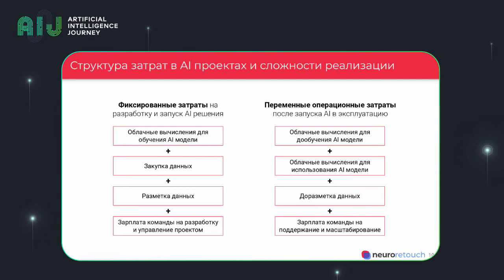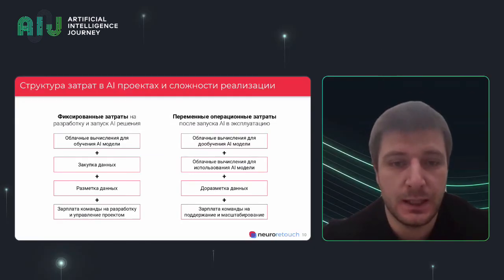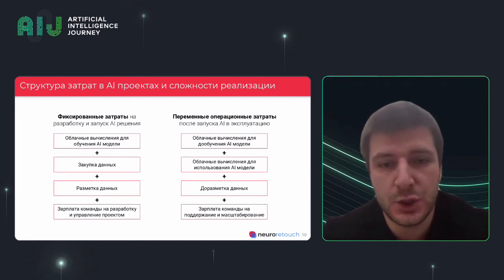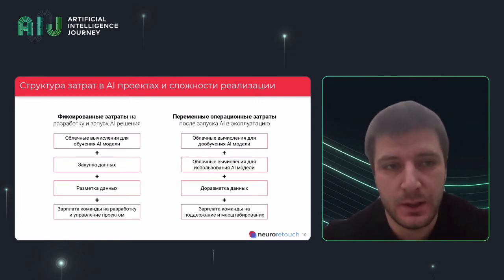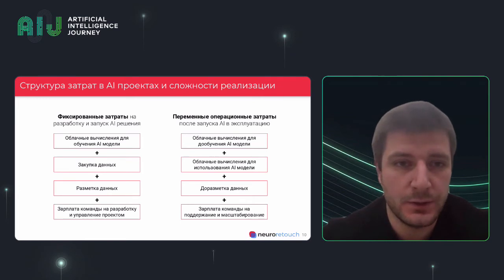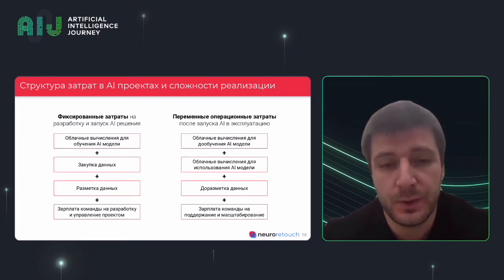So on the fixed side, this will be, for example, cloud computations required to teach the AI model, purchase of data, data tagging, and so on. How about we discuss the nuances, the speed bumps that non-experts may not be aware of?